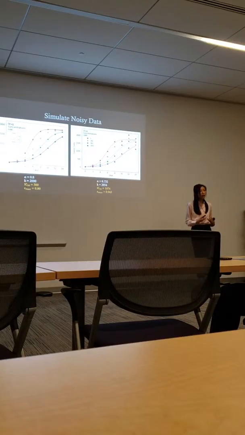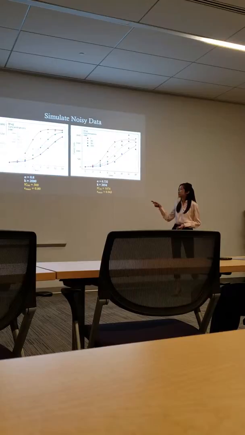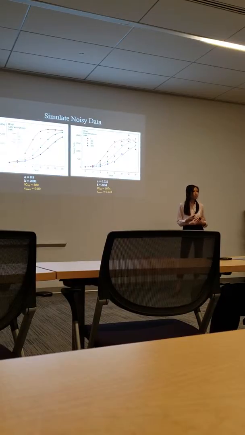We wanted to know how well this would work in experiment. But since we don't have actual experimental data, we decided to simulate what that would look like. So in real life, cancer cells are not going to grow in this perfect curve. And also, it might not be exactly our model either.